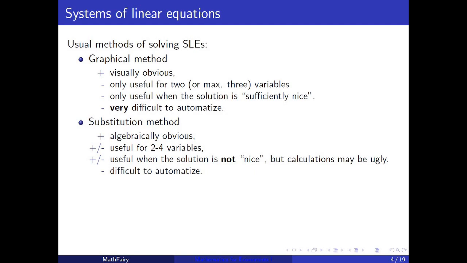One upside of this method is that it's algebraically obvious. This is useful for 2 to 4 variables, otherwise for a larger number of variables this becomes difficult to algebraically deal with. This is also useful when the solution is not very nice, but the calculations might be ugly. And this is also somewhat difficult to automatize, though not as difficult as the graphical method would be.